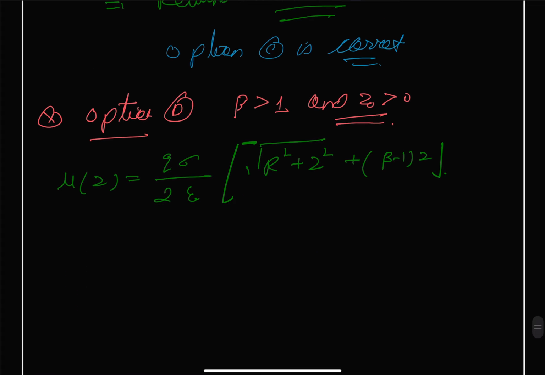So if we see that, we can write that the square root of r square plus z square grows at a slower rate as compared to z.